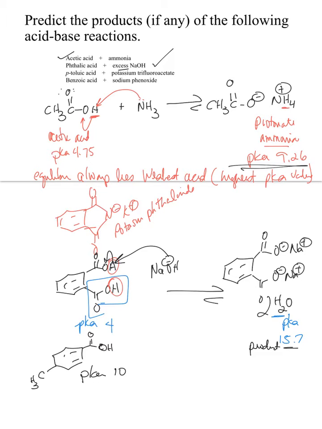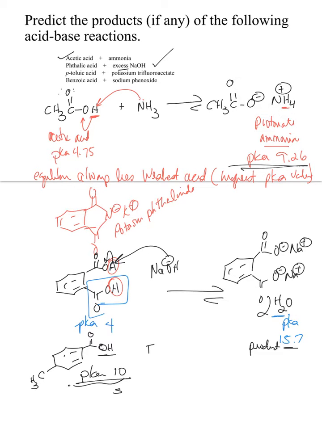Huh. Wait a minute. I would guess that's not right. I don't know why I put a pKa of 10. So look that up and you all can tell me if that's incorrect. My guess is it would be more like around 5, but we're just going to go with that.